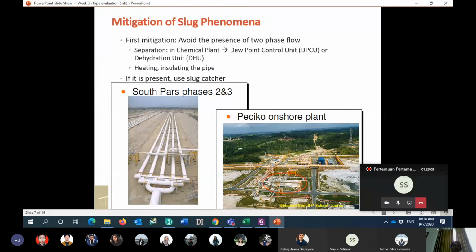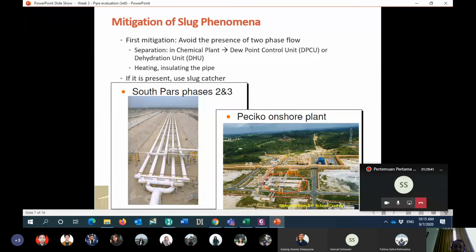Or the way they also use in many plants, usually in the subsea pipeline, they use a heating system, the insulation. In Pertamina, for example, in the North Sea and North Java, they use a heating system to avoid the formation of condensation.